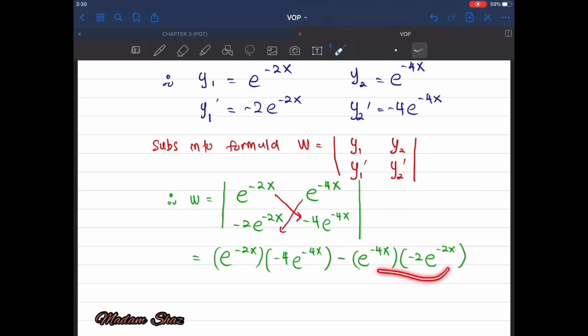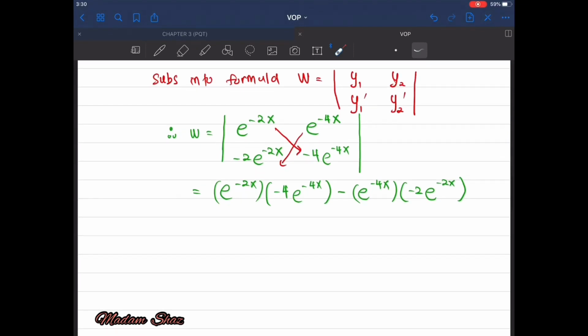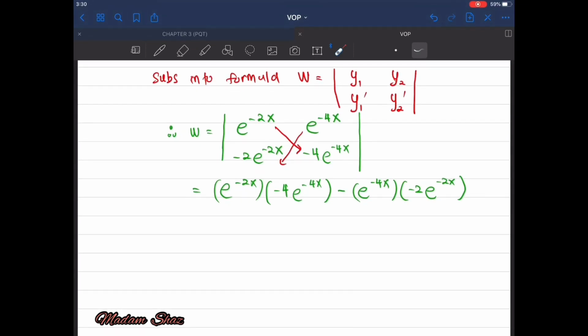Now you have to simplify the whole thing. Always remember that the value for the W is only one term, so you have to simplify to a compact function. What can you do here? You can combine the exponents. The property is: if exponent multiplies with exponent, you add the powers.